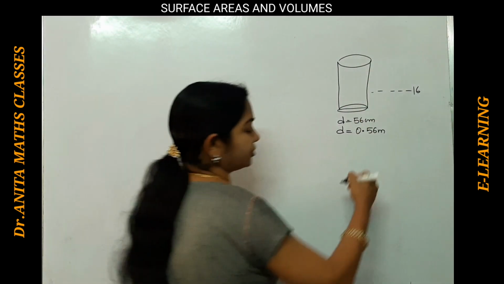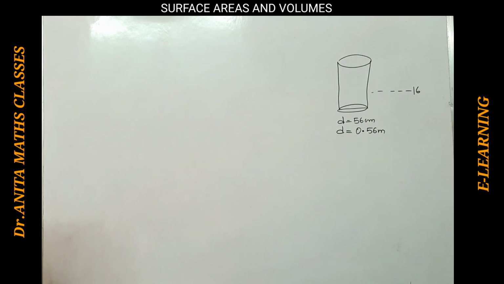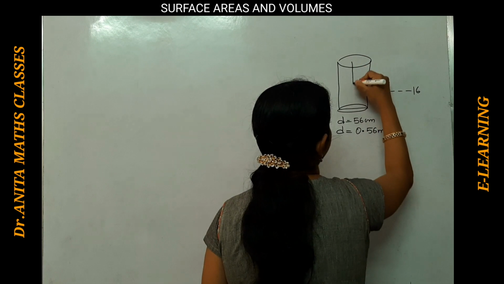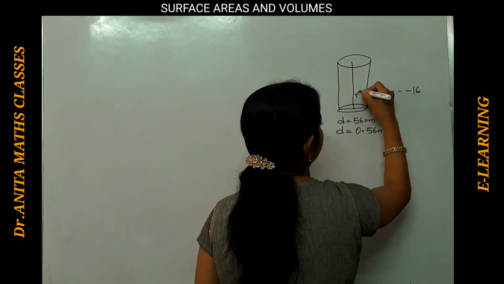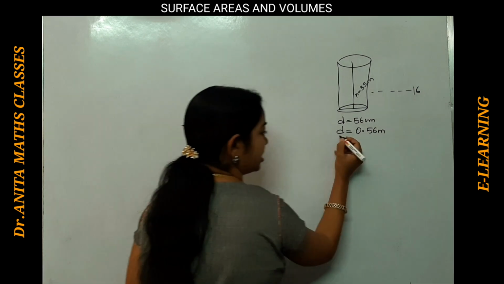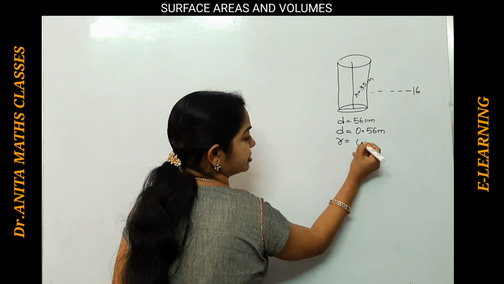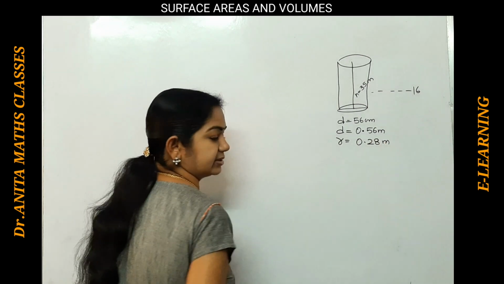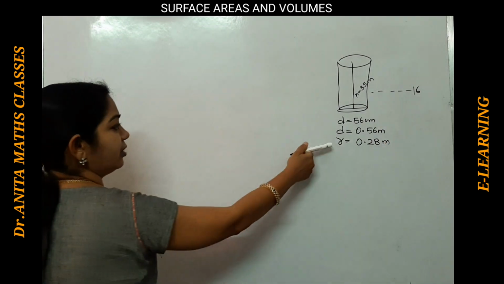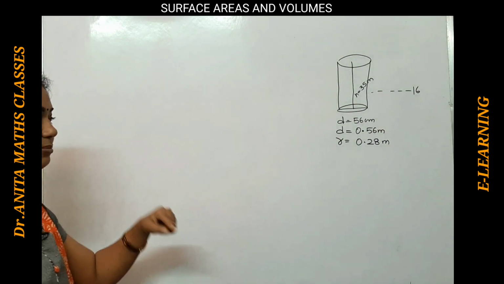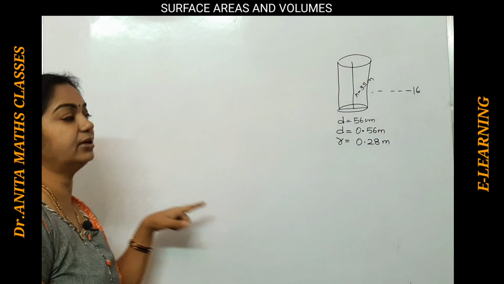The length of the pillar, its height, is 35 meters. This is already in meters. We want the radius, isn't it? 56 by 2, so the radius is 0.28. So we have got all this. We will find the CSA of one pillar and multiply with 16 pillars. Then we will find the cost.